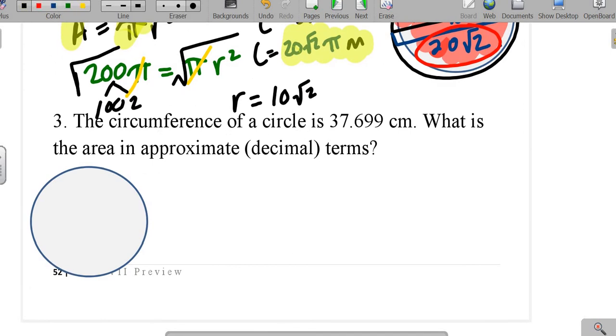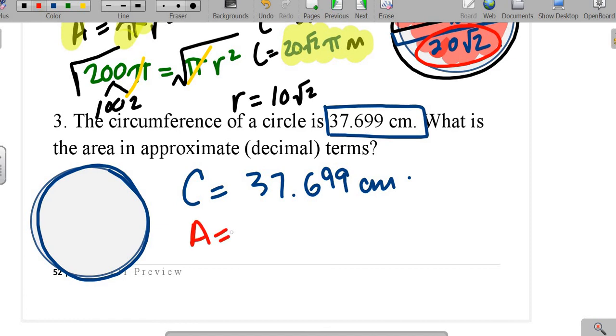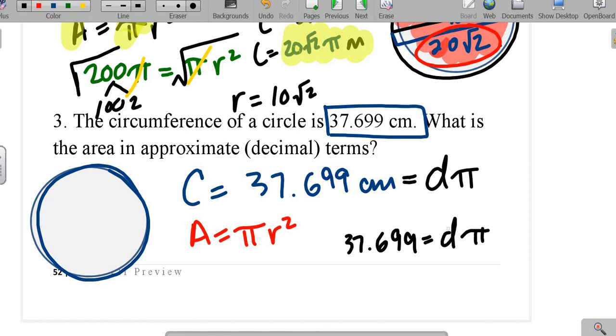The circumference of a circle is 37.699 centimeters. What is its area? Area equals pi r squared. Circumference equals d pi. So I have 37.699 equals diameter times pi.